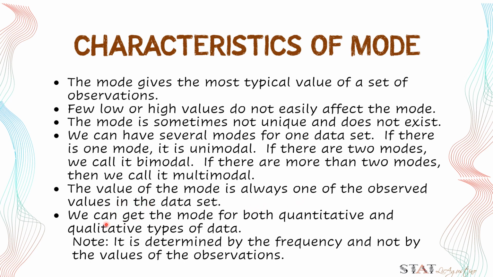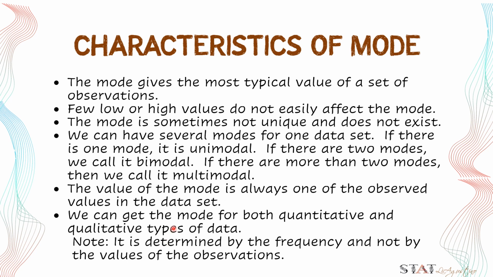Unlike the mean and the median, whose values sometimes are not the same as any value in your data set because you just compute and get the center, the mode of your data set must be one of your data values.